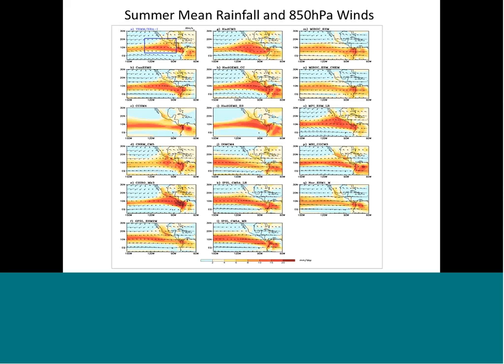And this feature is generally reasonably captured by most of these models, although the model bias is also noted. For example, some models try to emphasize maximum rainfall over the western side of this domain. And also, most of these models try to overestimate the rainfall near the coastal region over South America.